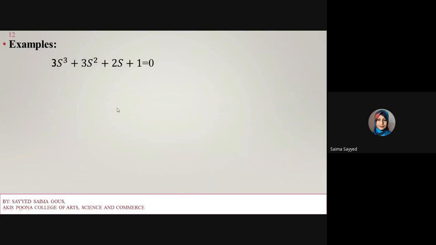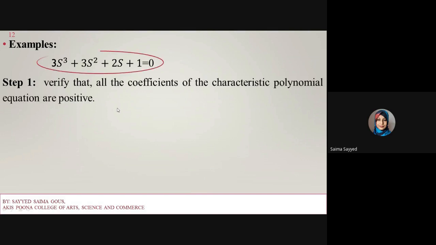We will see one example. There is a characteristic equation: 3s cube plus 3s square plus 2s plus 1 is equal to 0. The first step is to verify that all the coefficients of the characteristic polynomial equation are positive.